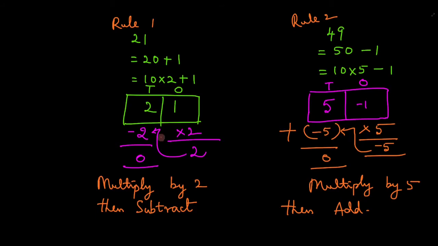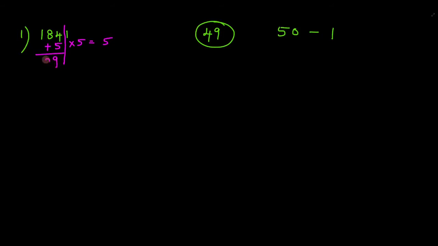Let us see the same examples using rule 2. First one, 1841. Here we are using multiples of 49, that is 50 minus 1. We separate this units place, take 5 times, we get 5, then add it here, 189.